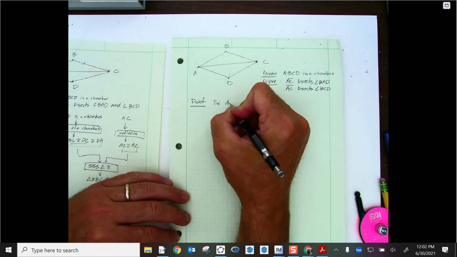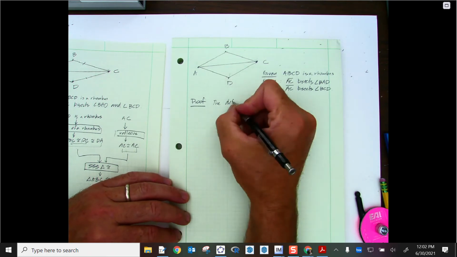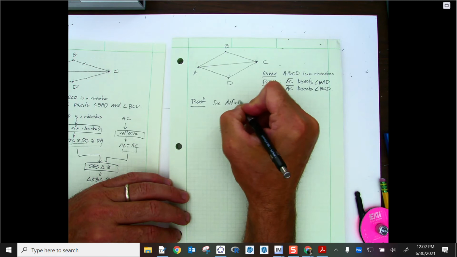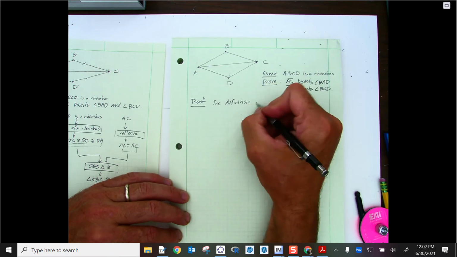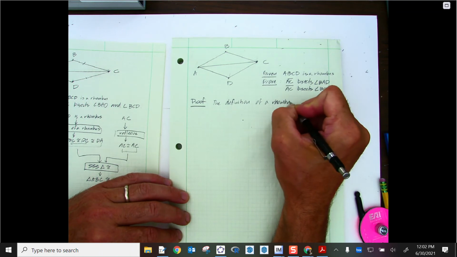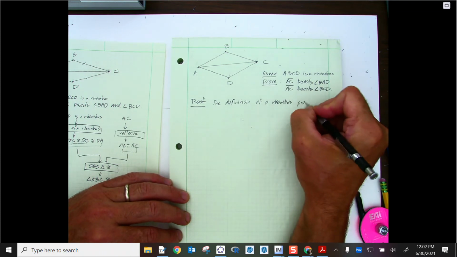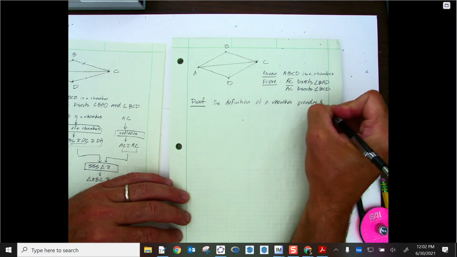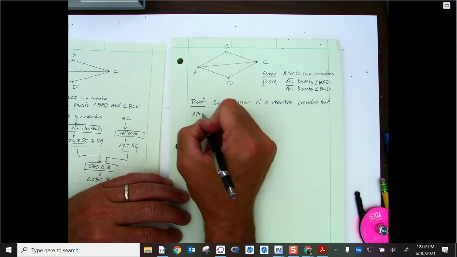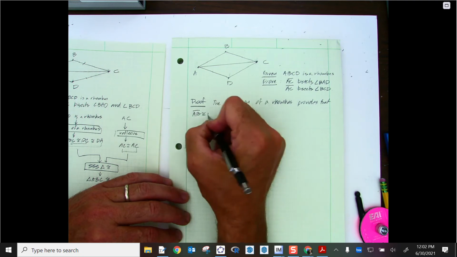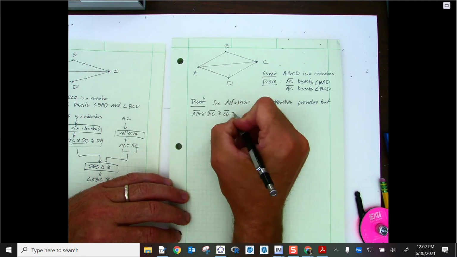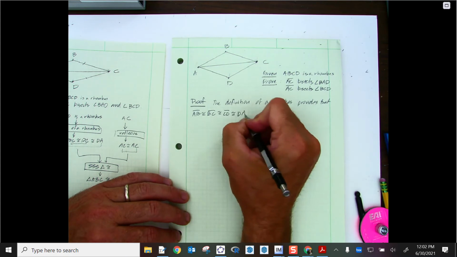The definition of a rhombus provides that AB is congruent to BC is congruent to CD is congruent to DA.